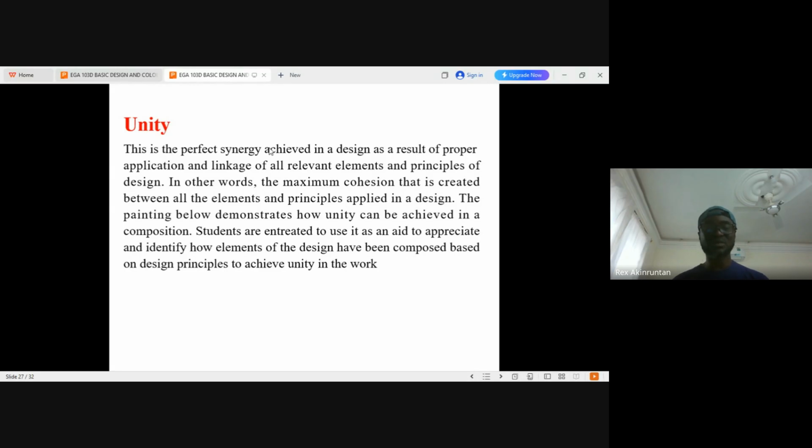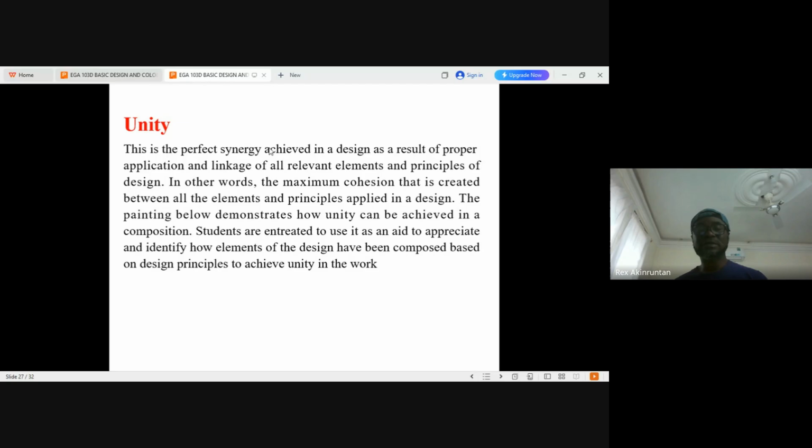The painting below demonstrates how unity can be achieved in a composition. Students are entreated to use it as an aid to appreciate and identify how elements of the design have been composed based on their principles to achieve unity in the work.